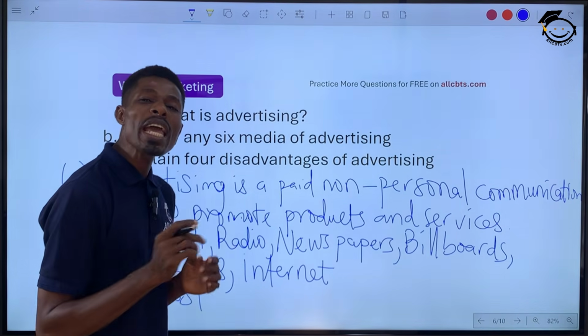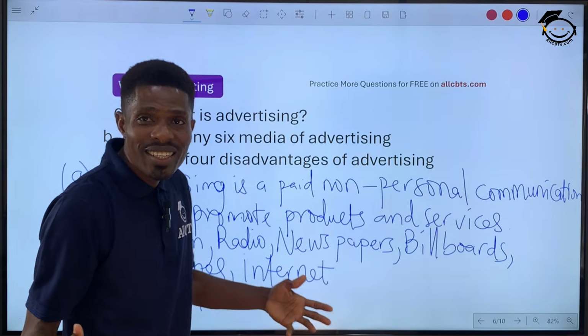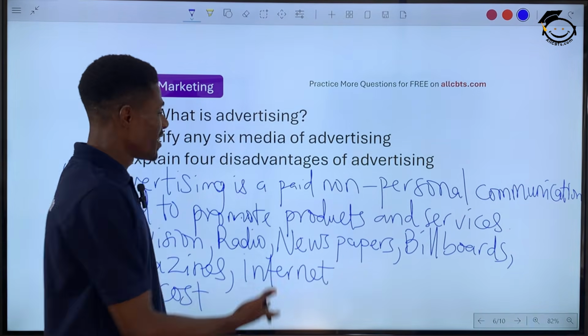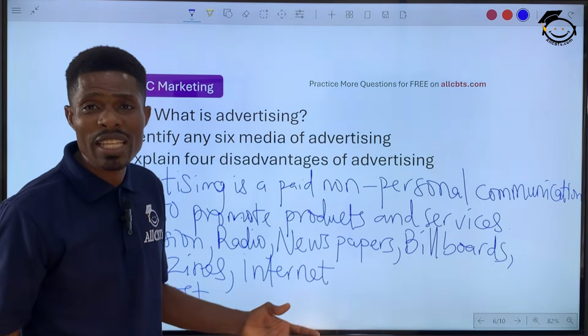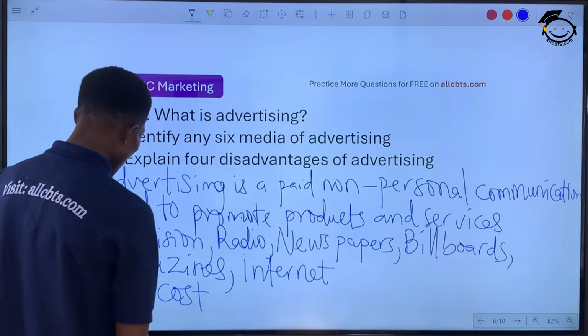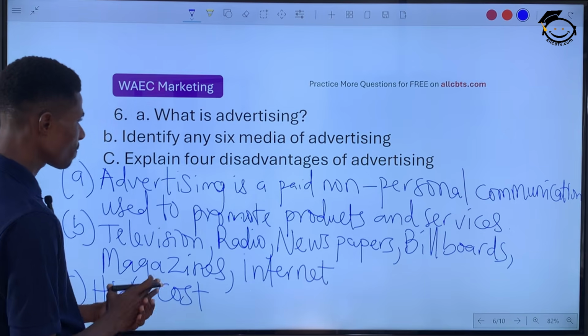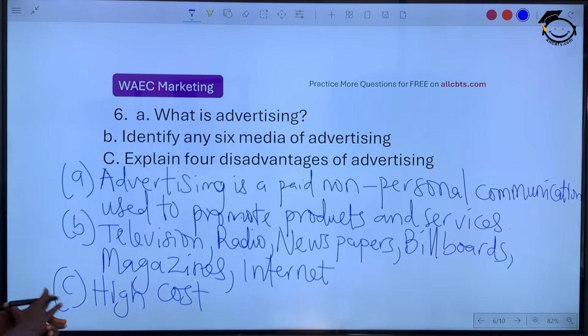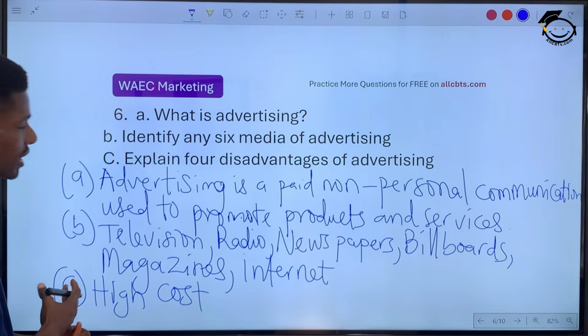And a business that is just starting, that doesn't have enough money to advertise the product, will not be able to advertise it. Why? Because of the cost of advertising. Advertising costs a lot of money. That's the first thing. High costs. That's the first disadvantage.